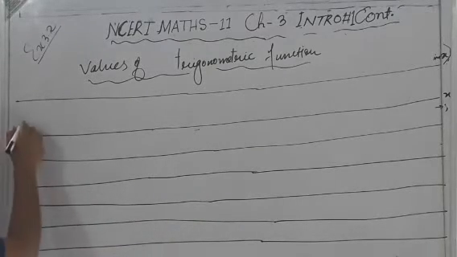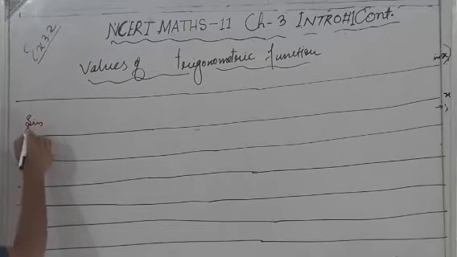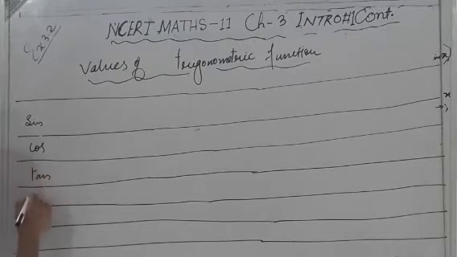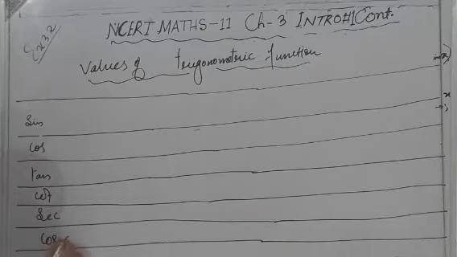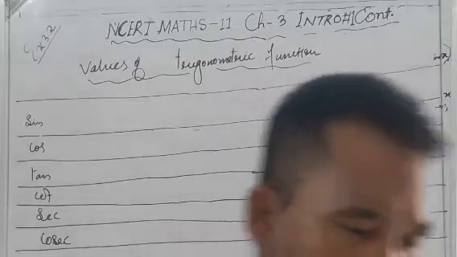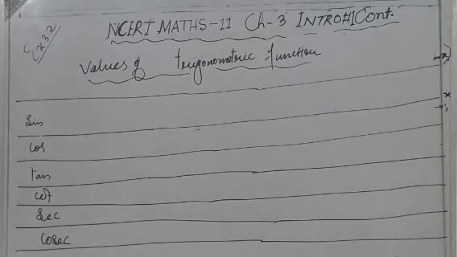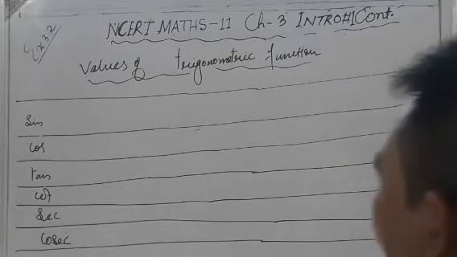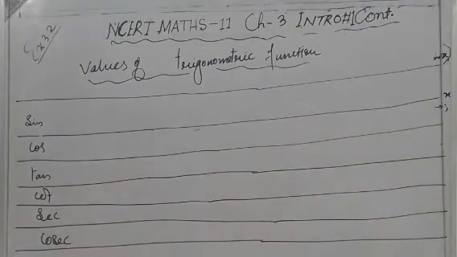First, write sin, cos, tan, cot, sec, and then cosec. We already studied these in class 10 up to 90, correct? Okay, up to 90 we have studied.